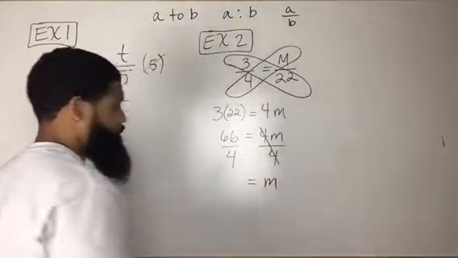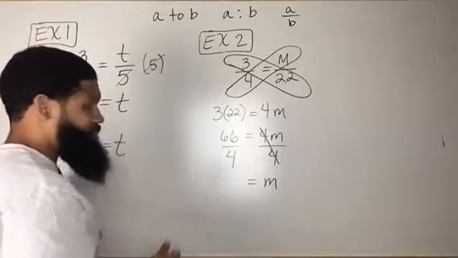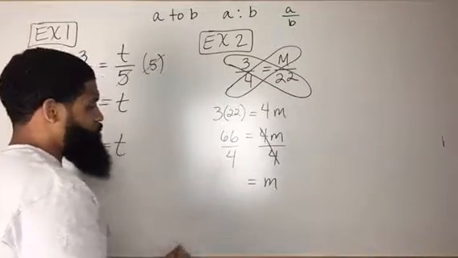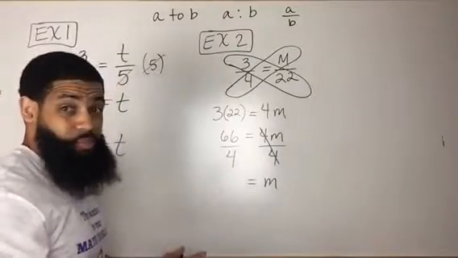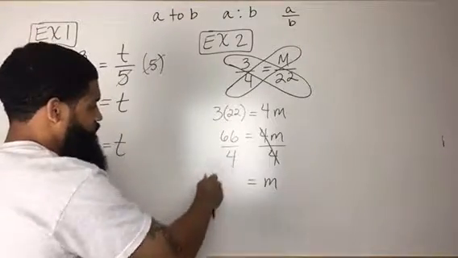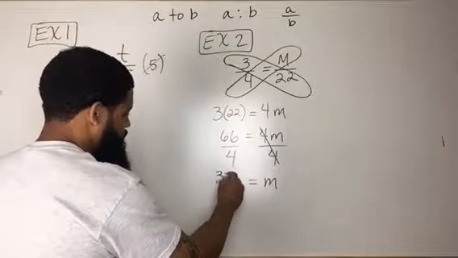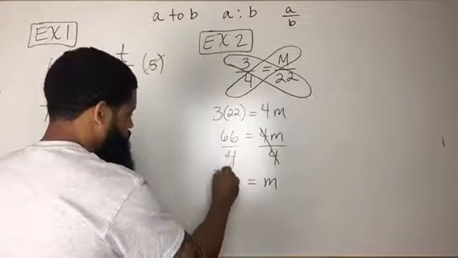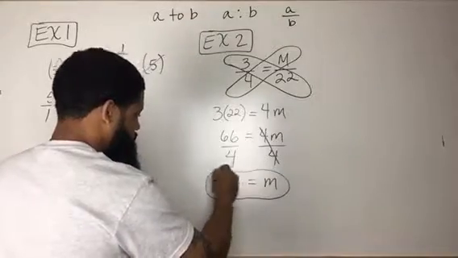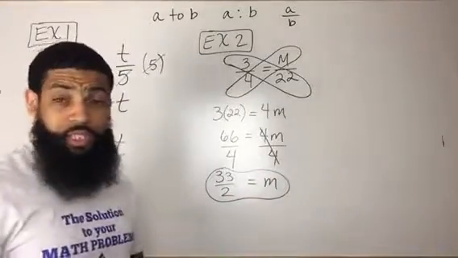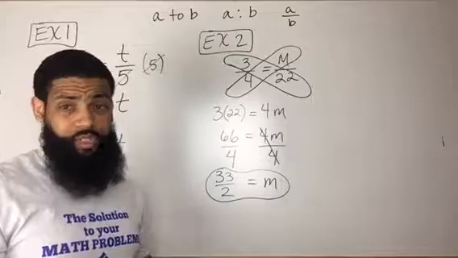In this case, that number is M. And when I have 66 divided by 4, we can actually keep it as an improper fraction. Both of these are divisible by 2. So that gives me 33 over 2 as my solution. It is okay to keep that as an improper fraction.